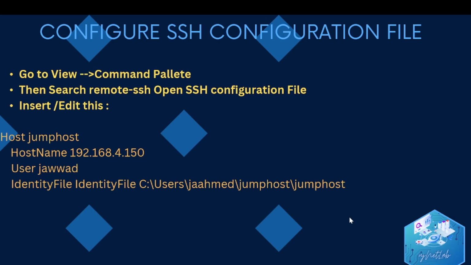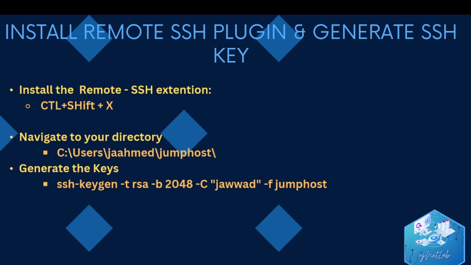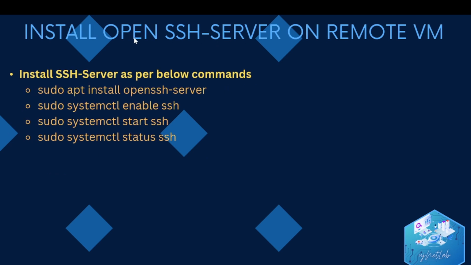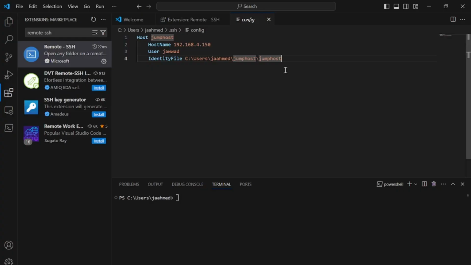This step is done now: we have done the configuration of the SSH file, and before that we generated the keys. And now we'll go here to install the SSH server on the remote machine.